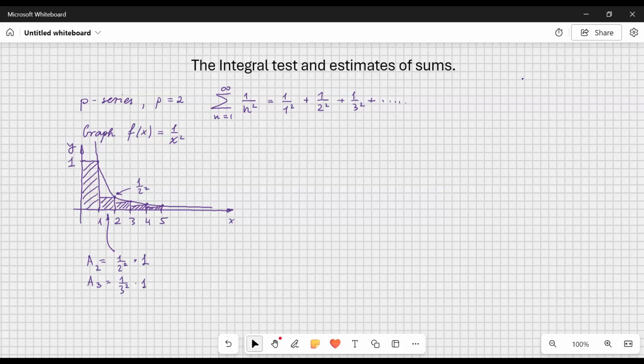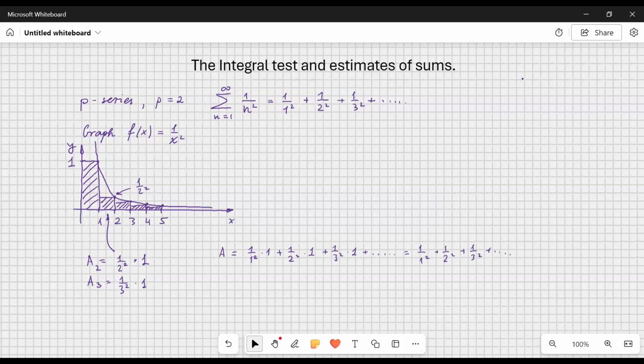So if I want to calculate all these rectangle areas, what am I going to have? Well, let's write it down. The net area of all these rectangles is going to be 1 over 1 squared times 1, plus 1 over 2 squared times 1, plus 1 over 3 squared times 1, and all of them are multiplied by 1, which is just going to produce my series: 1 over 1 squared plus 1 over 2 squared plus 1 over 3 squared and so on.